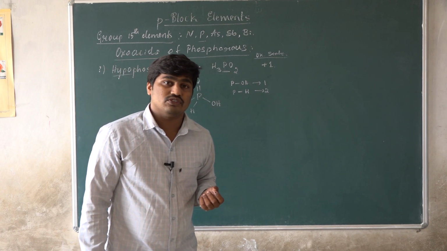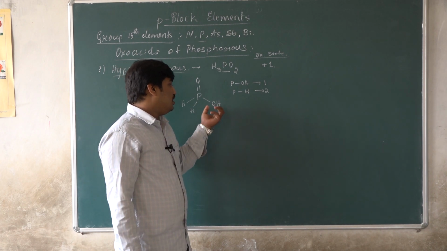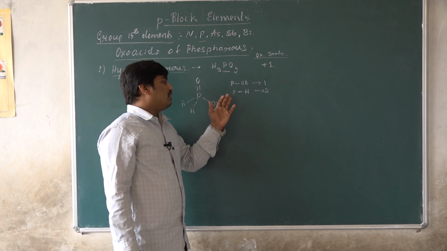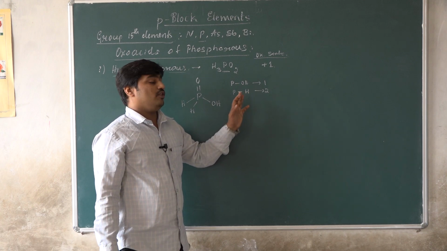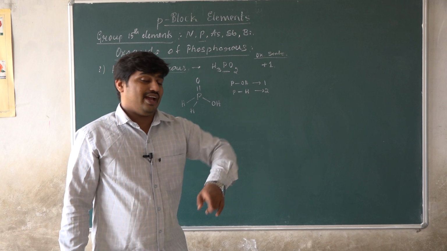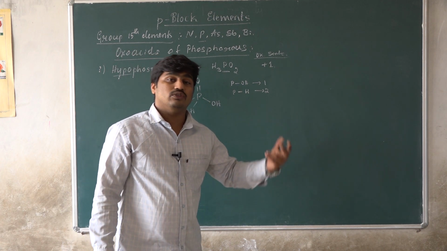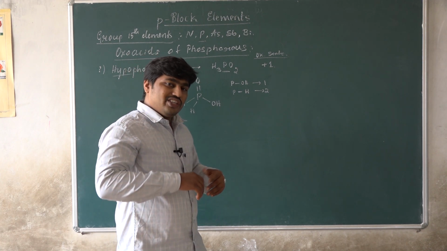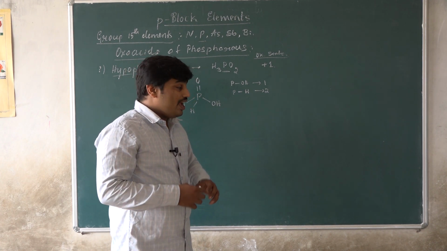If any compound, among the oxoacids of phosphorus, has a greater number of phosphorus-hydrogen bonds, then it has more reducing capacity. It has the ability to reduce other compounds. In which manner does it reduce?